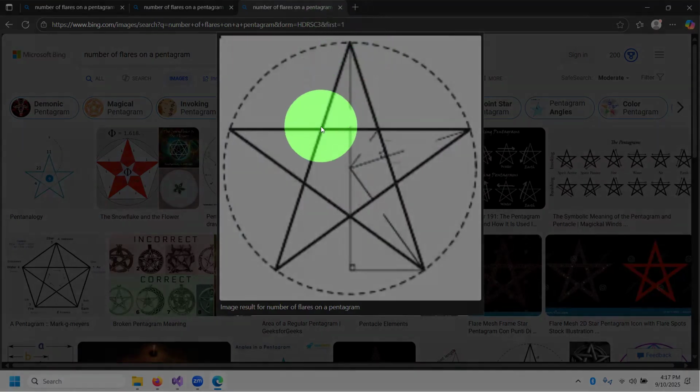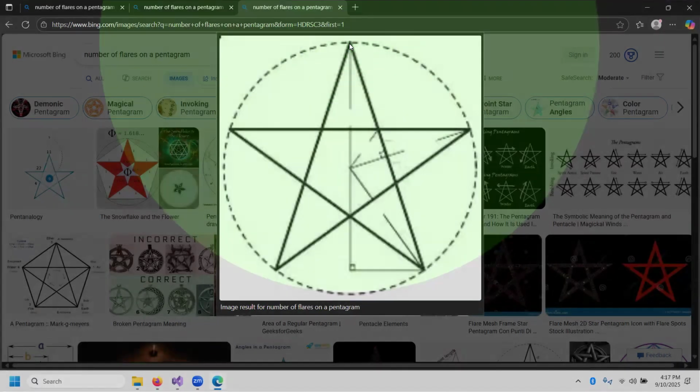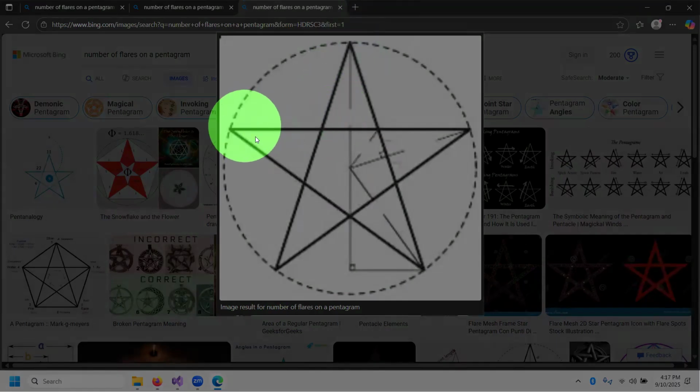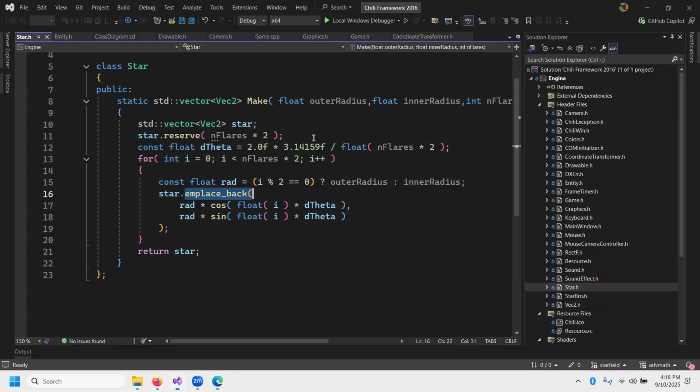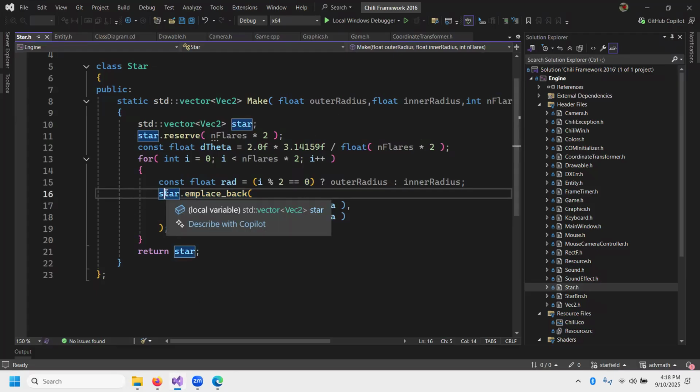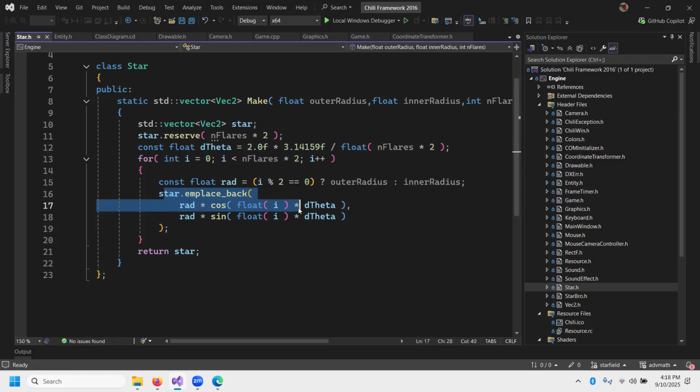I started at noon, so to speak, 12 o'clock. So 10 points. I can't remember all the details here, but the points in the star are determined by trig functions, which is really neat, and it results in that nice output.